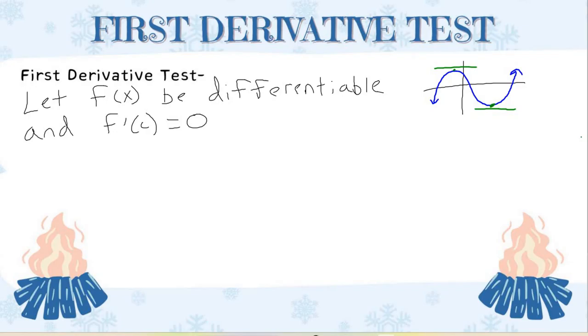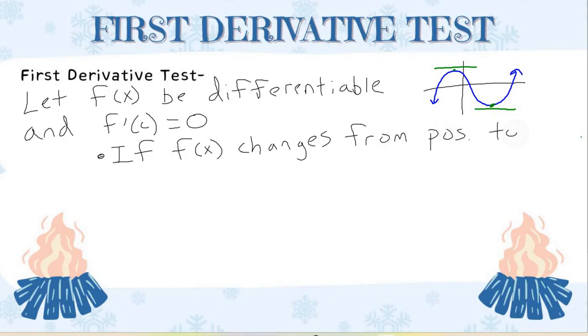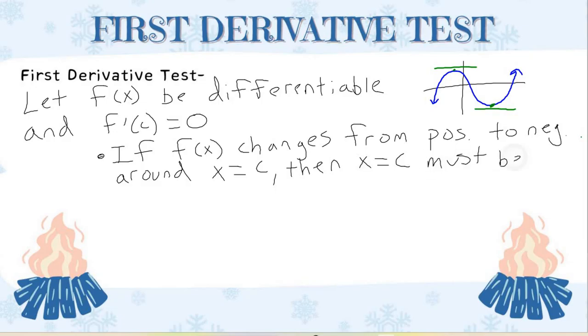We're going to look at that number line, because we know if f prime of x changes from positive to negative around x equals c, then x equals c must be a, so it means that we're going from increasing to decreasing, yes?